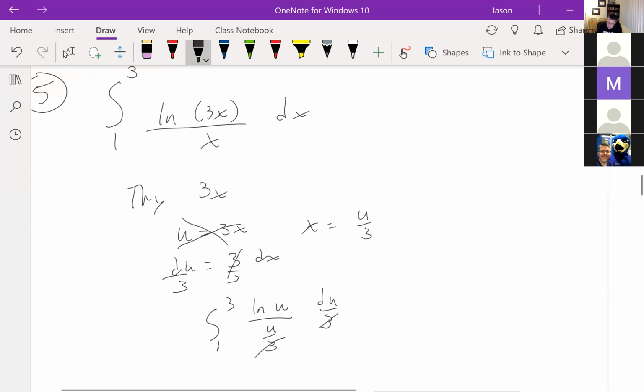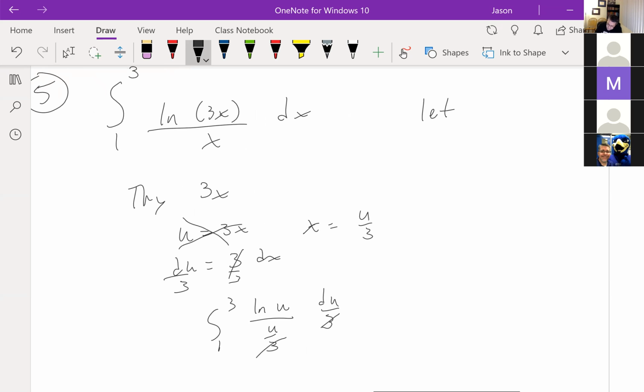Let u equal the natural log of 3x. Let's see what happens. What's the derivative of natural log?